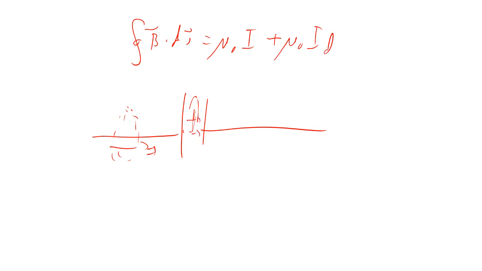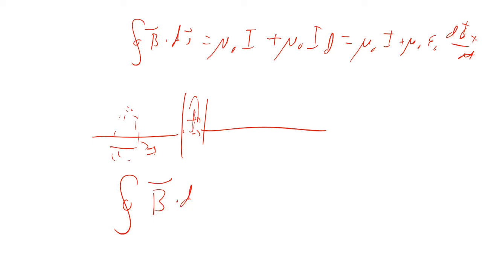The displacement current is epsilon naught times the rate of change of flux. So this is going to be mu naught I plus mu naught epsilon naught times the rate of change of the electric flux.